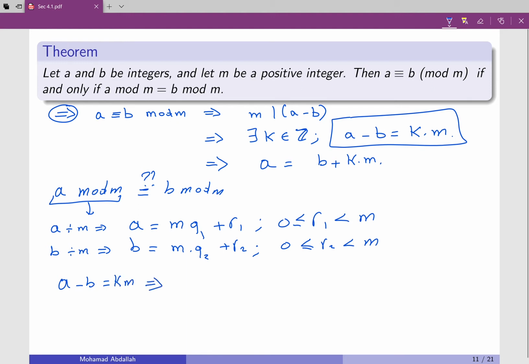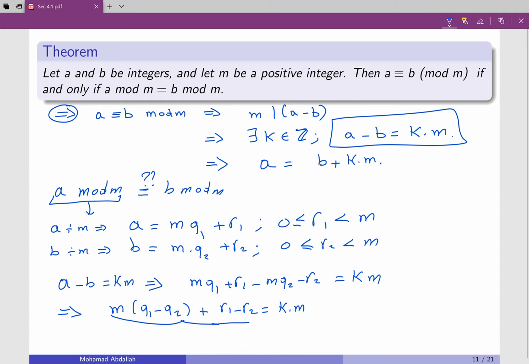Instead of A and instead of B, I'm going to put the following equation. So that's going to mean MQ1 plus R1 minus MQ2 minus R2 is equal to K times M. So this means the following, that M times (Q1 minus Q2) plus R1 minus R2 is equal to K times M. Move this to the other side.